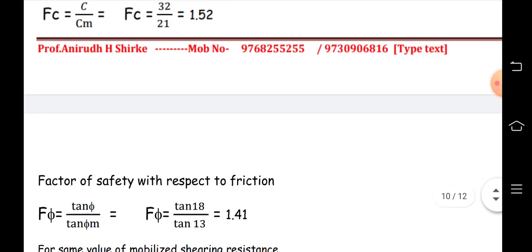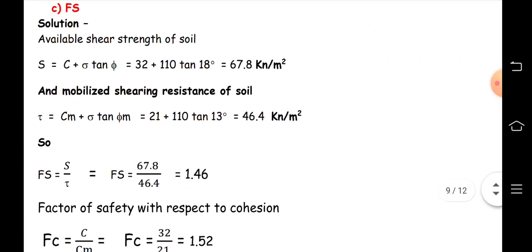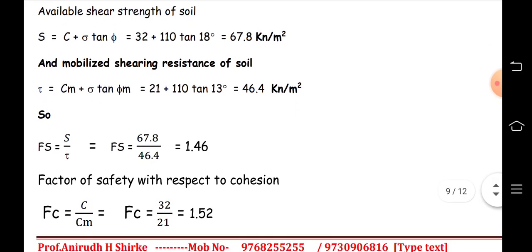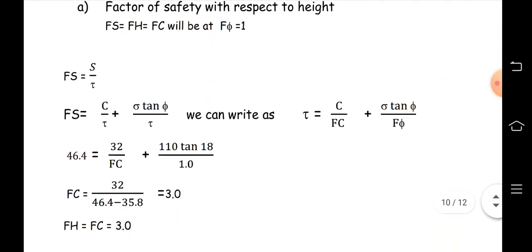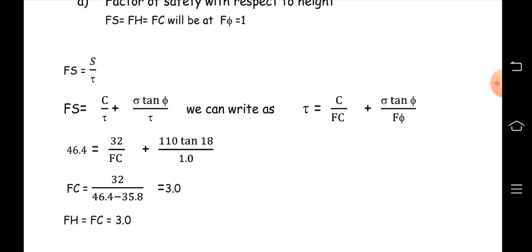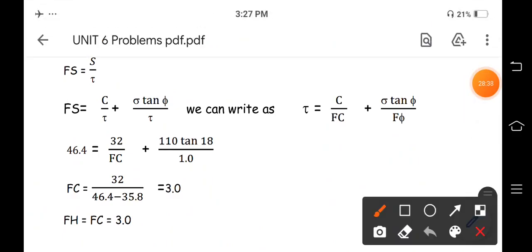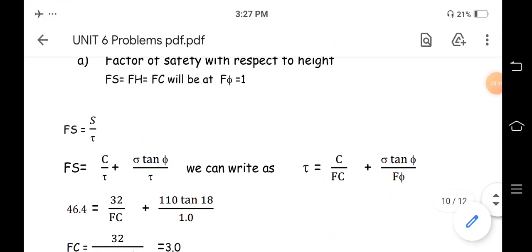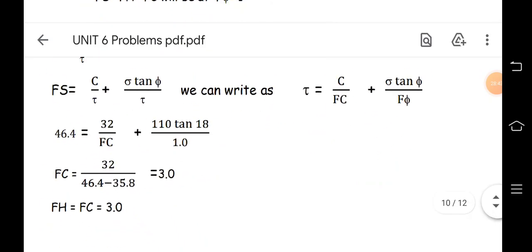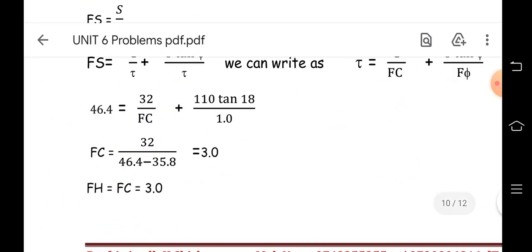strength, how much did we get, 46.4 something we got, yes, 46.4 is the value of tau. This is value of tau 46.4 equal to the value of C, which is 32 upon Fc plus 110 tan of 18 upon Fphi, because Fphi, what did we say above, look, Fphi equal to 1. Okay, if you calculate the value by solving, we get the value of Fc, that is 32 upon 46.4 minus 35.8, that is 110 into tan of 18.